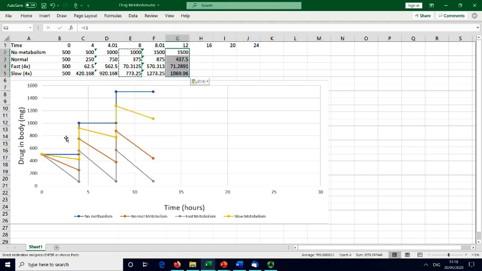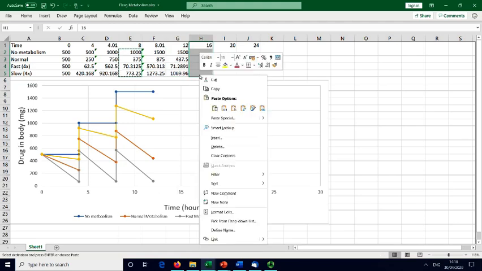And you can see our non-metabolizer is climbing. Our slow metabolizer is also climbing pretty quickly. Our normal metabolizer is going up, but it's stabilizing. And our fast metabolizer is staying with very little in their system. And we can do the same.